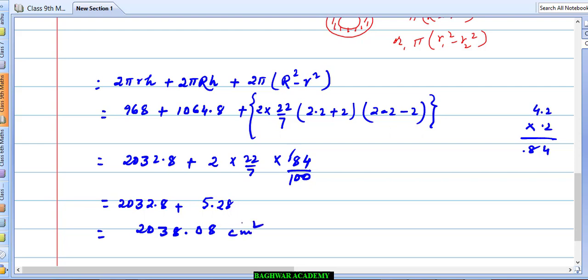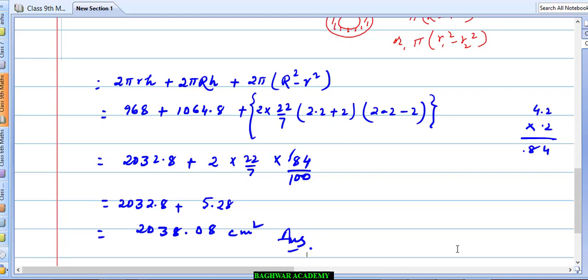So 3 answers you have got: the inner and outer curved surface areas, and finally the total surface area.